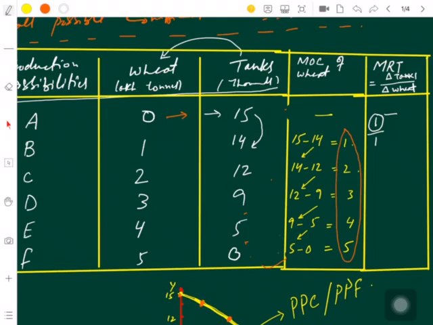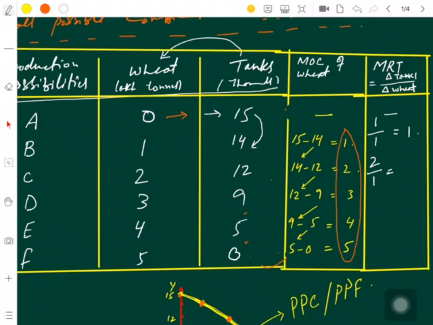Understood? So it will come equal to 1 by 1, which is equal to 1. Then we are sacrificing 2 tanks to obtain 1 wheat, 2 by 1.